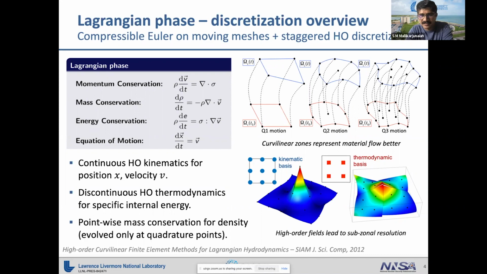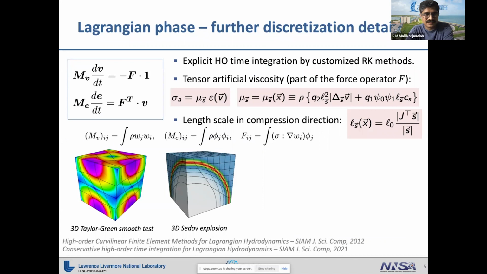Vladimir, in the next slide, in slide number 5, you had a Q3, Q2 discretization. Let's stop here at slide number 5. So these Q1 and Q2 are the artificial viscosity terms, right?